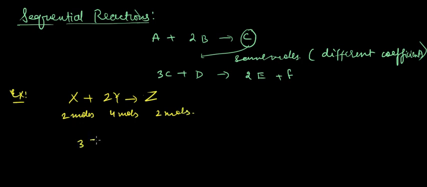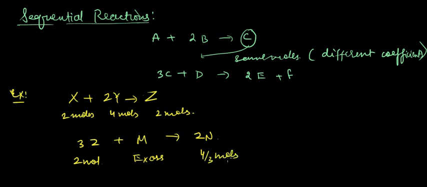Now 3Z plus M, which is in excess quantity, gives us 2N. So 2 moles here will give us 4 by 3 moles of N, by the simple unitary method.